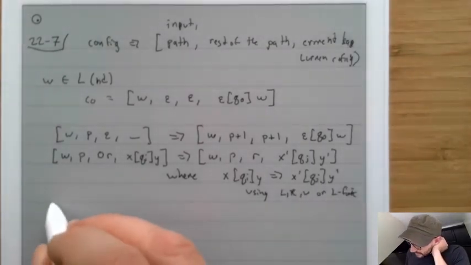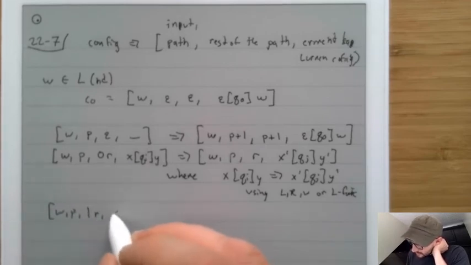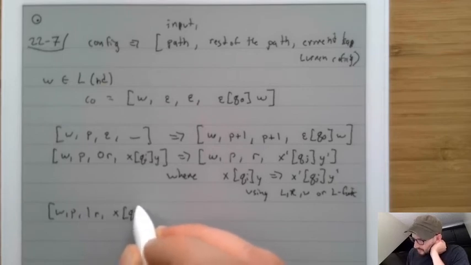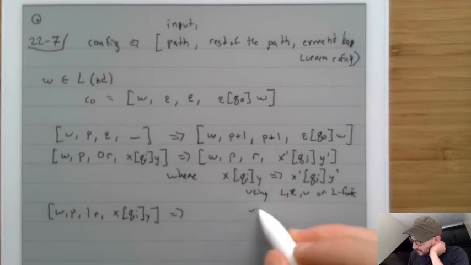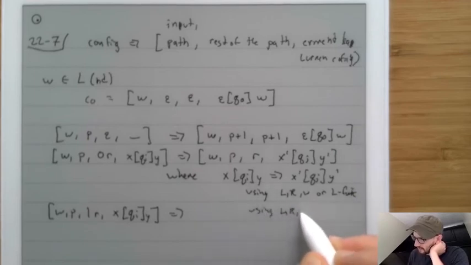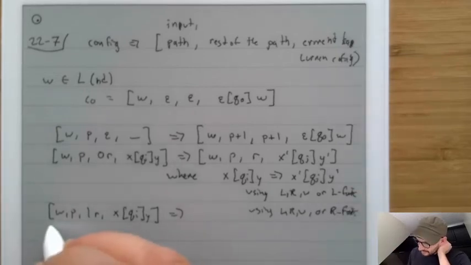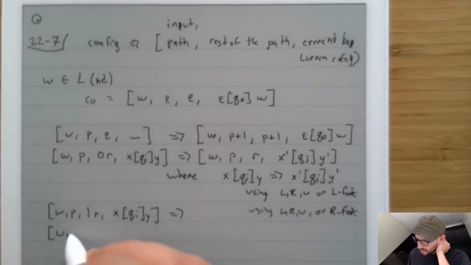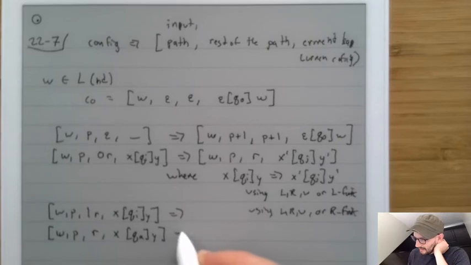And then there's another one that says that if we get to 1, R, X, Q, I, Y, then we go to the exact same thing here, but now we can use left, right, blank, or the right fork rule, right? And then we have one more rule that says that if we have W, P, R, X, Q, A, Y, then we go to QA.